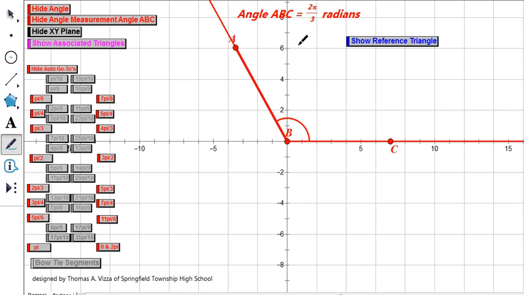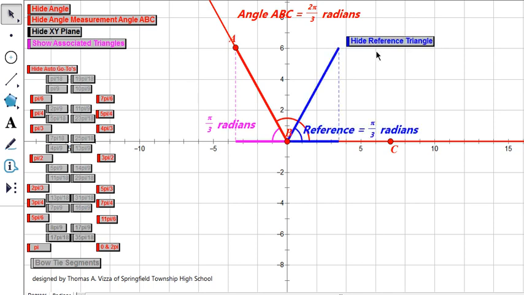If we have 2 pi thirds to here and we know that this is pi, which is equal to 180 degrees, we just try to think in thirds here and say, well, if you're at 2 pi thirds, how many thirds more do you need? It shouldn't be a shock that that in fact is just 1 pi thirds, or just pi thirds radians. So the reference angle here is in fact pi thirds.